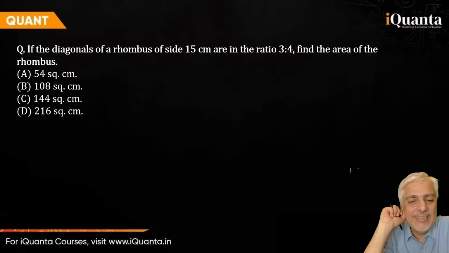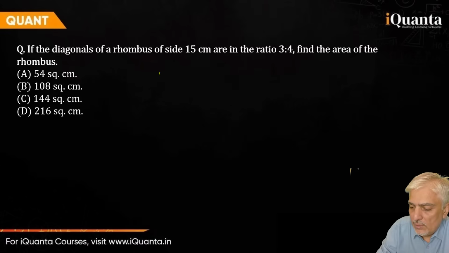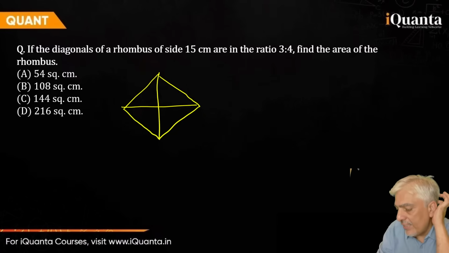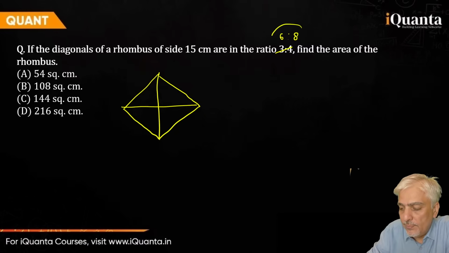Diagonals of a rhombus of side 15 are in the ratio 3:4. 3:4 is as good as 6:8 also, no problem.